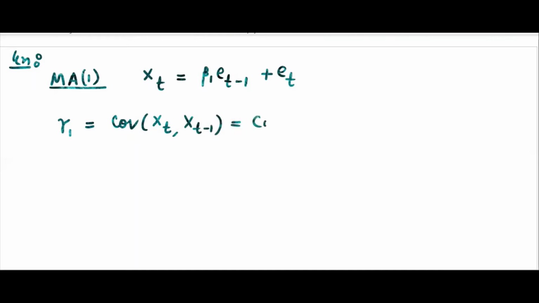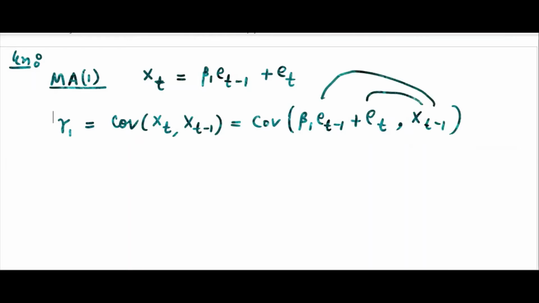However, when you find autocorrelations, the procedures are different. Whatever method we used to find the autocorrelations for AR(p), the same procedure will not apply here. There is a reason, and we'll discuss that here. If you remember, whatever the value of xt was, we put it here like this: beta 1 et minus 1 plus et, and then in xt minus 1 we kept xt minus 1, and we saw term by term in AR(p).